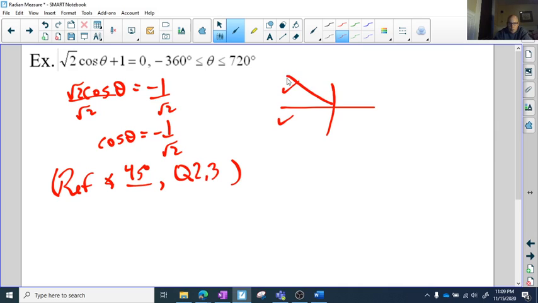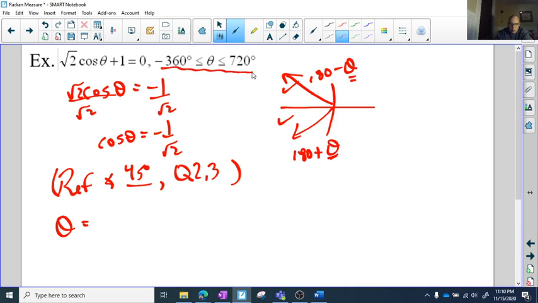So remember, in quadrant 2, it's 180 subtract the reference angle. And down here, to get your rotation angle, it's 180 plus the reference angle. In this case, the reference angle is 45. So here are 2 possible solutions to get us started. I can make 2 positive rotations and 1 negative rotation.